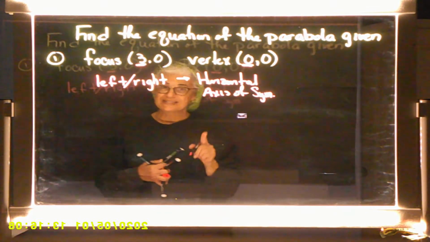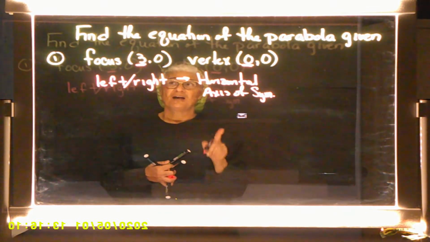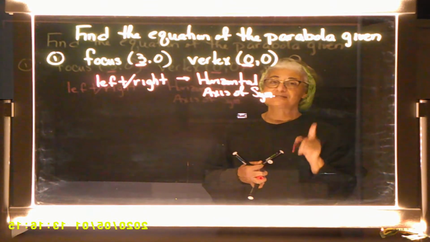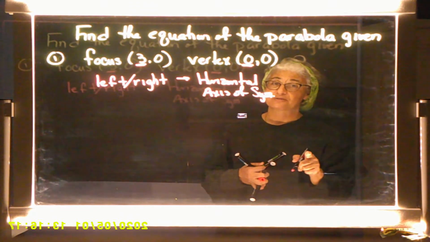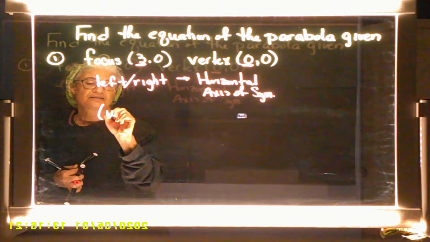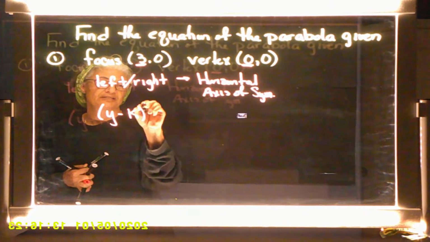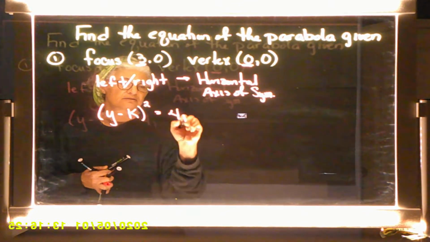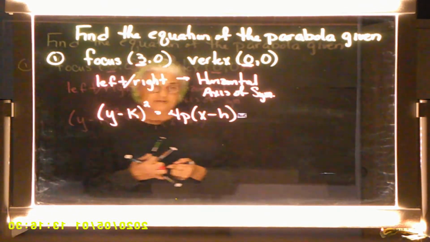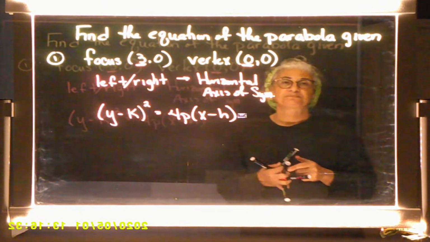Okay, which means the standard equation of a parabola that's going left or right does not have the x's squared, which means the general format looks like this. Hopefully you've written this down in your notes somewhere so you can follow along with how I wrote this. Good?